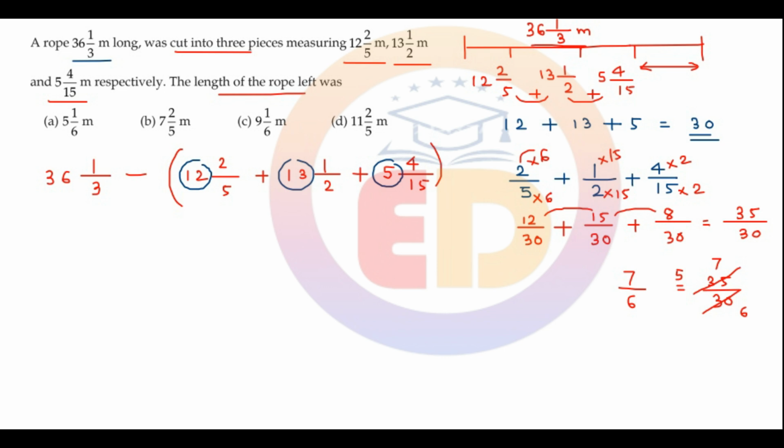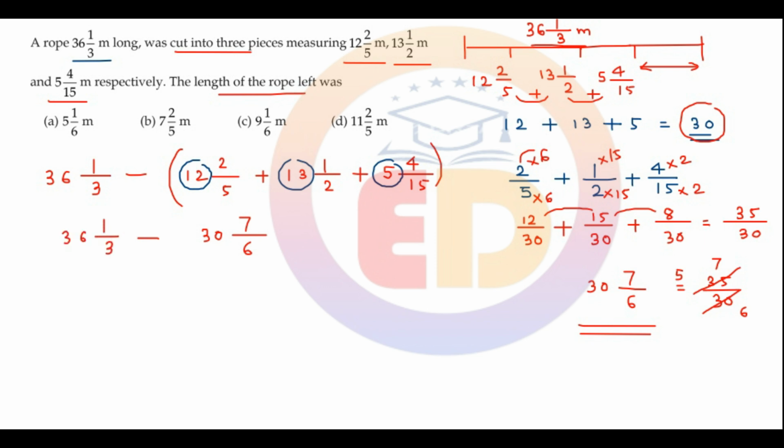Be very careful about now adding the whole number part, which is 30. Add the whole number 30 here. So the complete answer of the addition of 3 fractions is 30 whole 7 upon 6. And now we will subtract this from 36 whole 1 upon 3.